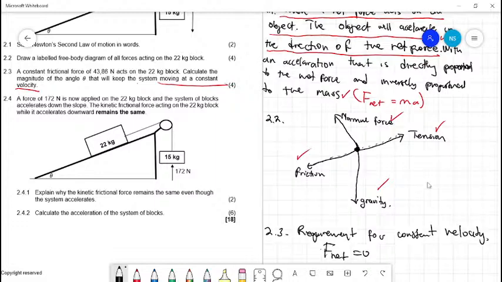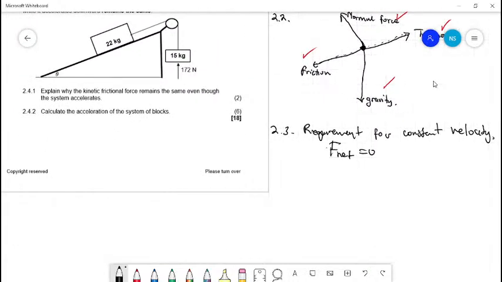So our F net equals to 0, as I've written there, for block 22, or maybe for block 15, let's start with block 15. The reason why I want to start with block 15 is because I want to get the tension.